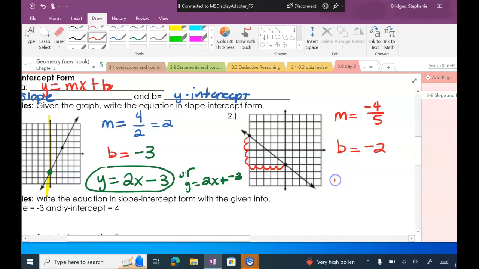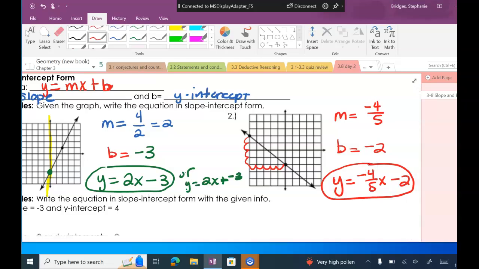So my equation would be y equals negative 4/5 x minus 2. Is everybody okay with that? So from a graph, count your slope, choose your y-intercept, and plug those values in.